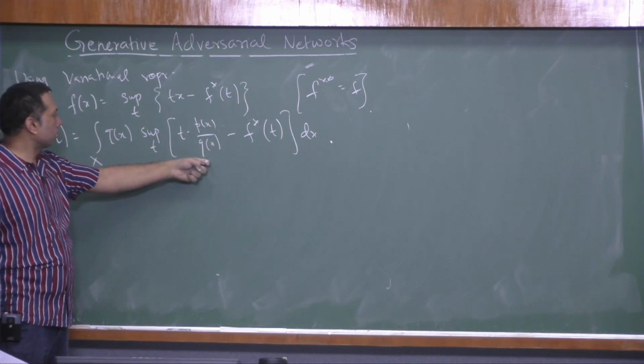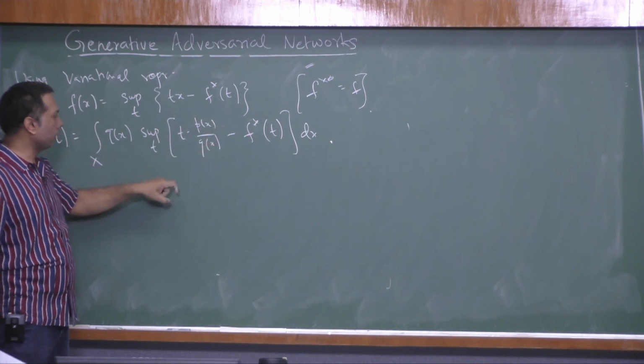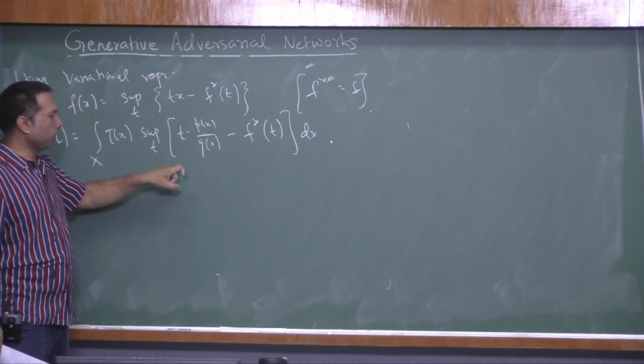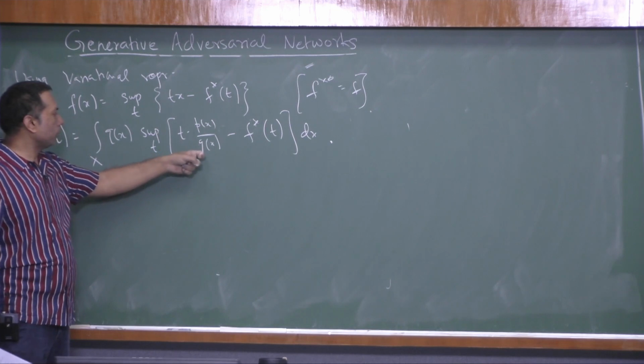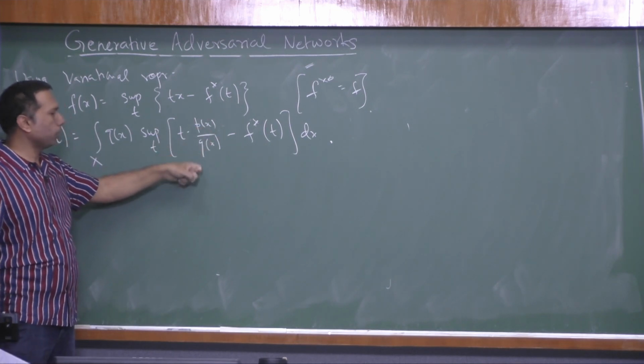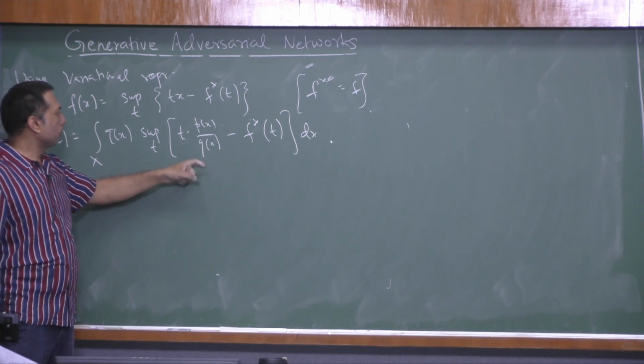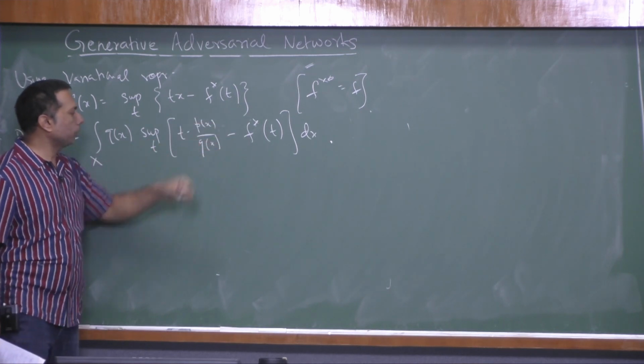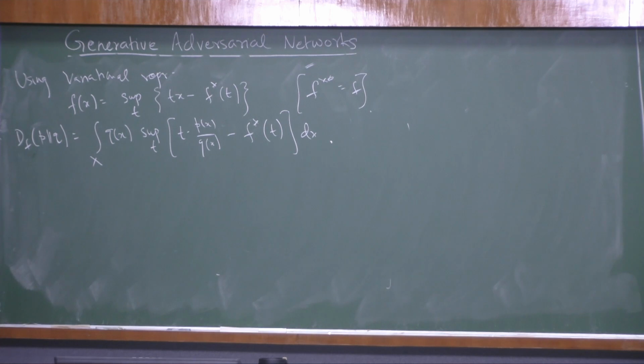For a given x, I supremize over t, then I get something in x, and then for another x, I supremize over t, and then I got another value. So this is given in a pointwise form. Okay, so to make things tractable, we somehow need to put the supremum out.